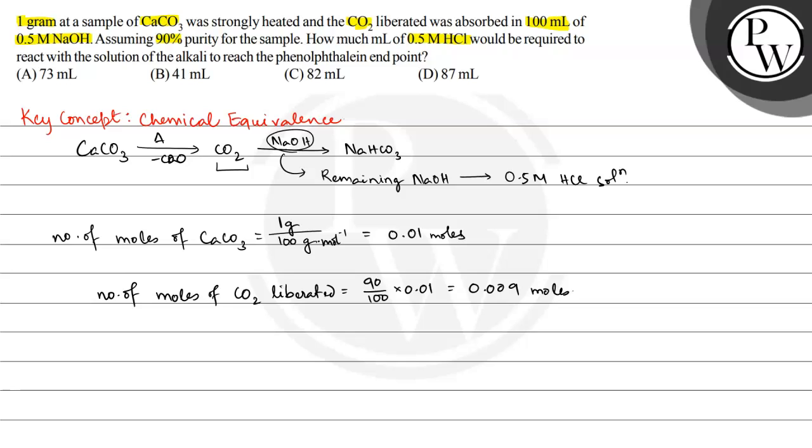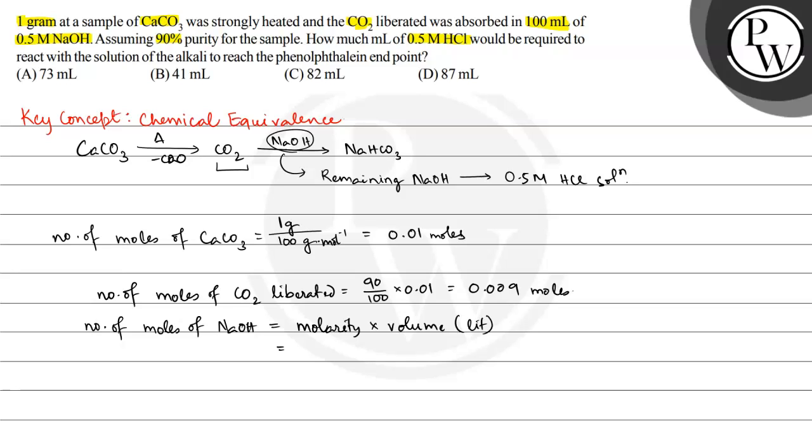Now this is absorbed in 100 ml of 0.5 molar NaOH. So let us first calculate the number of moles of NaOH. So number of moles of NaOH is equal to molarity multiplied by volume, and ये volume liters में होनी चाहिए.